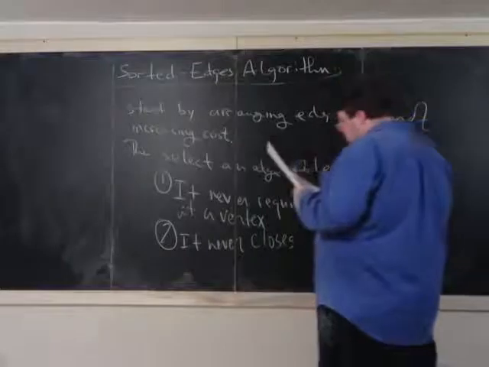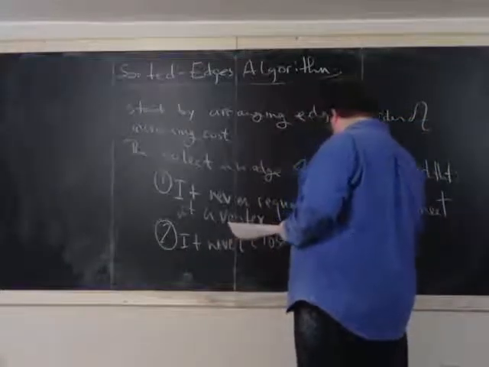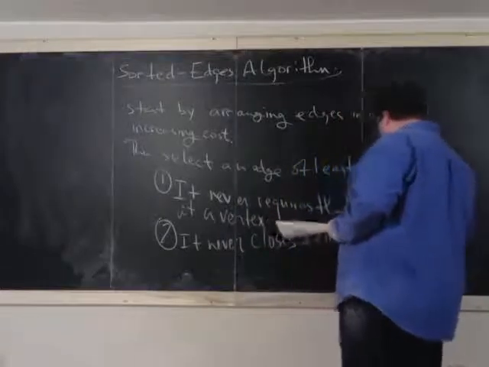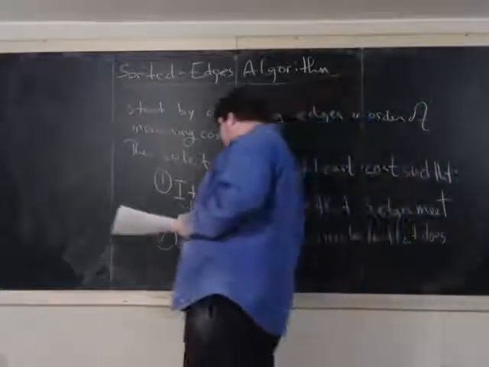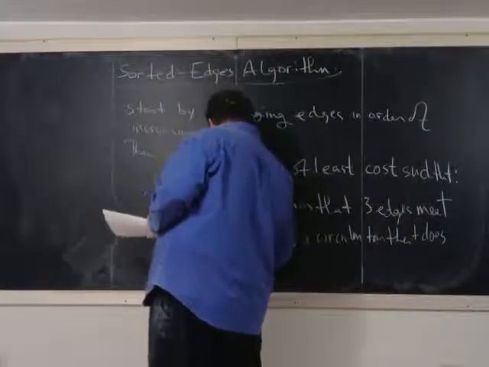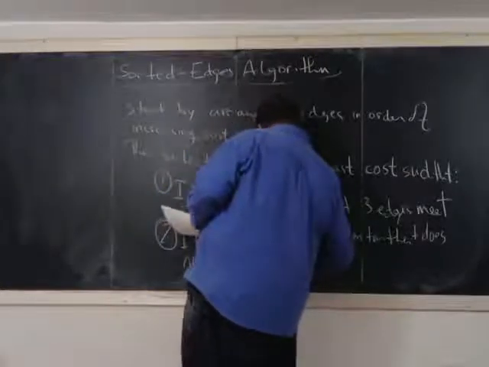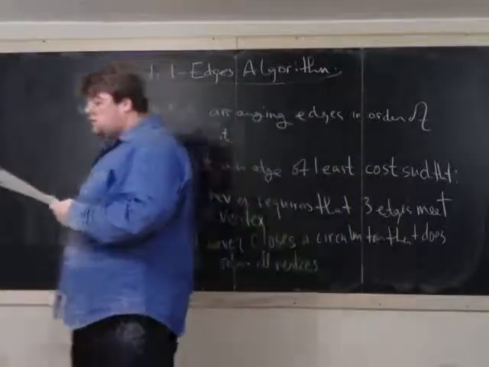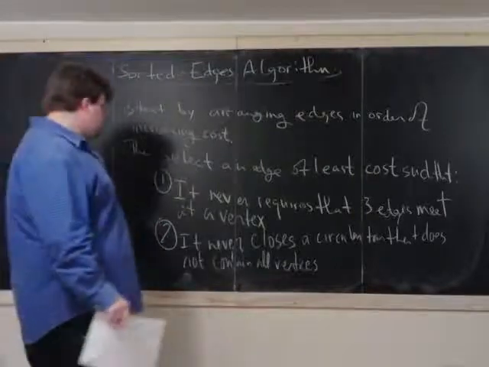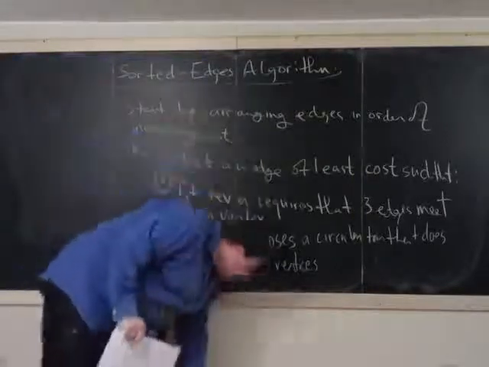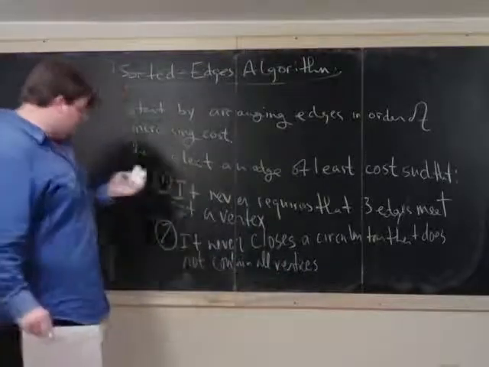So it never closes a circular tour that does not include all vertices. A circular tour that does not contain all vertices. Continue until you're done. I find this phrasing quite complicated, especially with all these nevers and nots and conditions and all these things. I think this is much easier seen illustrated with an example.